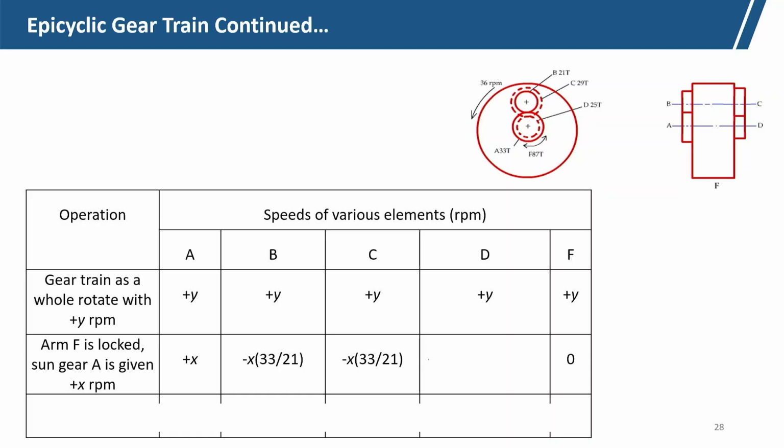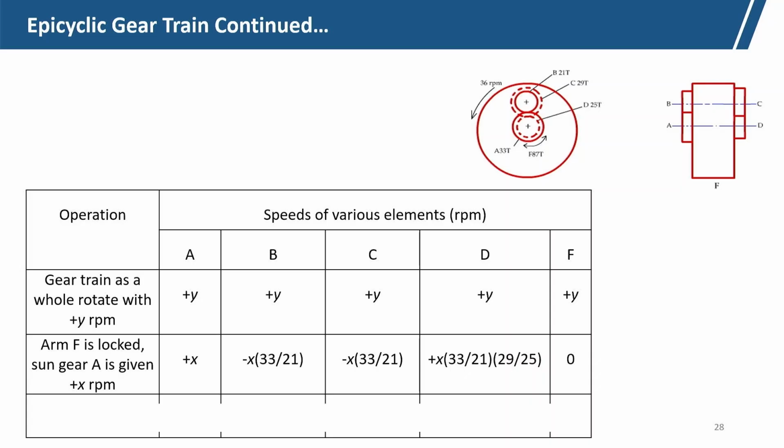Now, from C, D is getting motion. C has 29 teeth and D has 25 teeth. So it will be in the other direction, positive, that is plus x multiplied by 33 by 21 multiplied by 29 by 25.